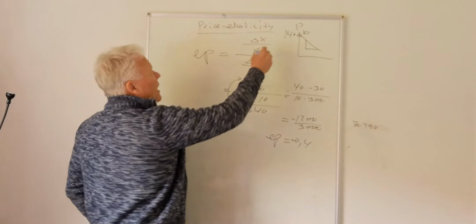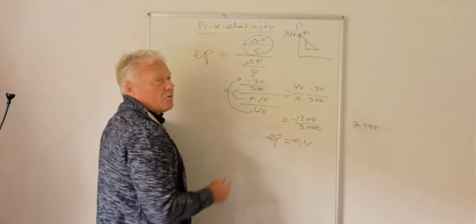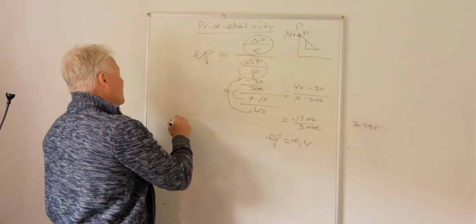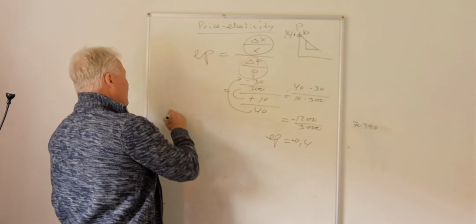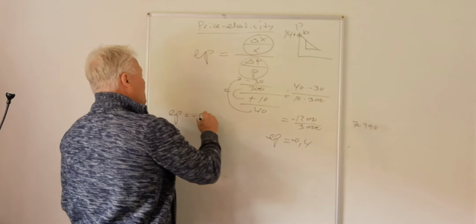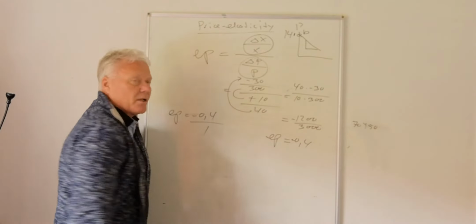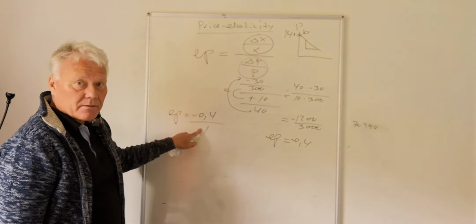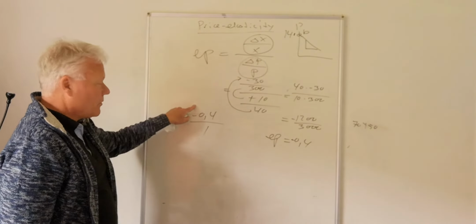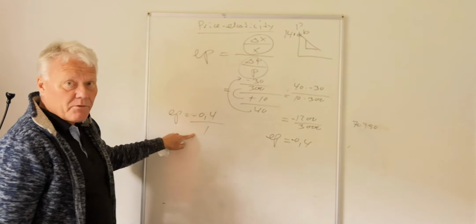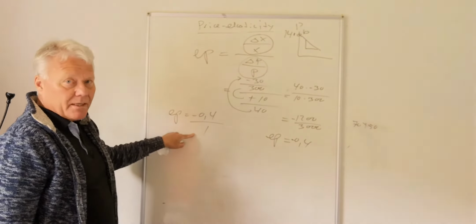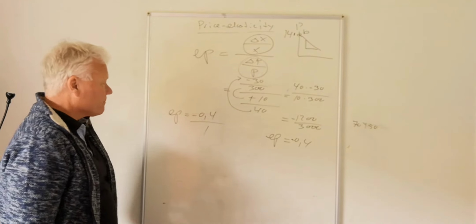Well, up here you have the number of units sold, and you have the price down here. So if you have EP equal to minus 0.4, you can put 1 underneath, because that's the price, and that's the number of units sold at a given price. And 0.4 is actually not a fraction on its own. It's always divided by 1.